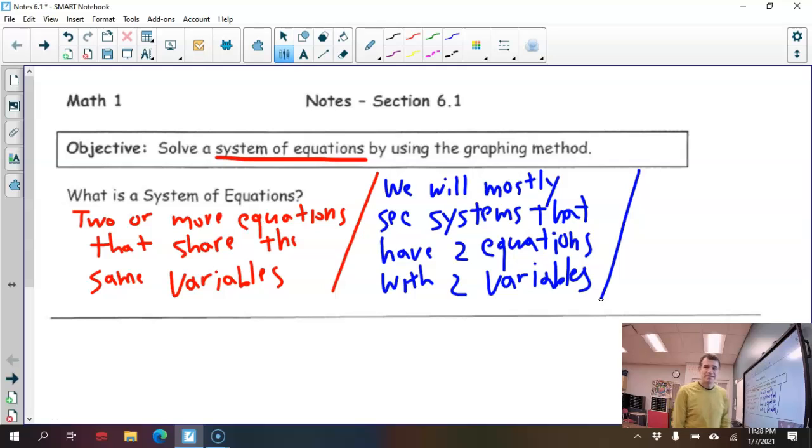You could have as many equations and as many variables as you want, but typically we will have two equations, two variables.